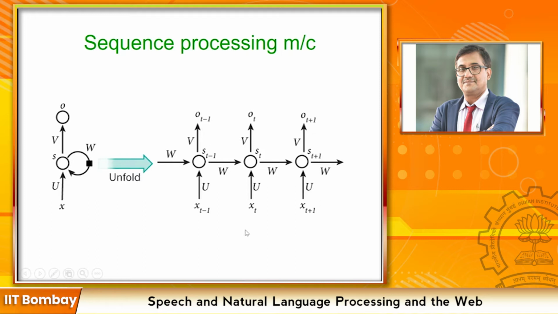So xt minus 1, xt, xt plus 1 is a snapshot of the input, and the outputs are ot minus 1, ot, ot plus 1, and the states are st minus 1, st, and st plus 1. So this is a state machine which unfolds over time, and time meaning looking at the sequence token by token.